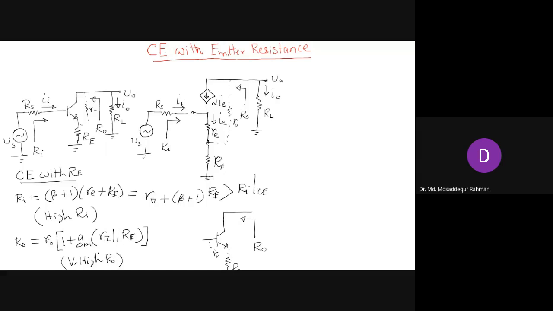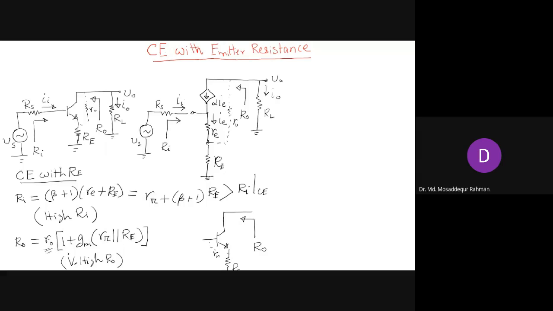Anyone remembers? Only R naught. Yeah, just only small R naught. So only this is the output resistance of the common emitter without emitter resistance.